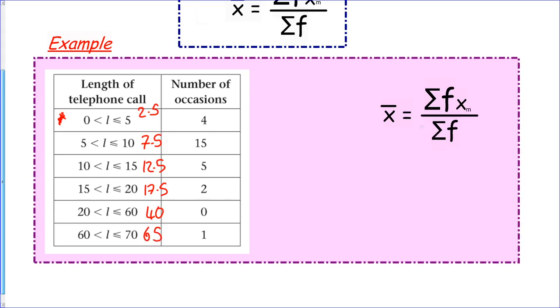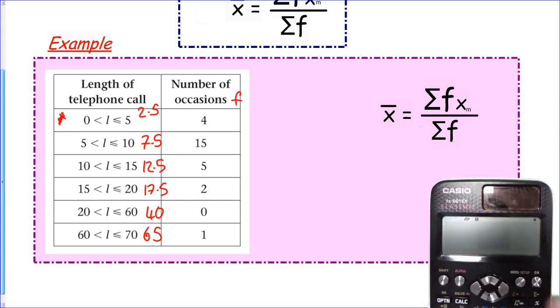When we come to do our calculator calculation now, we're going to use the midpoint as x and the number of occasions as f. So back to our calculators. We're going to go to stats mode, which is here, one variable calculation. So we're going to enter x as our midpoint.